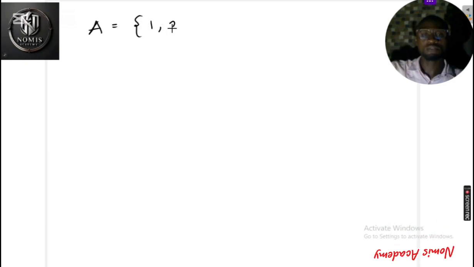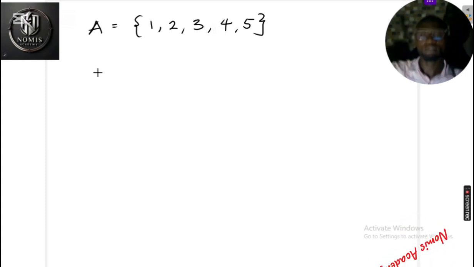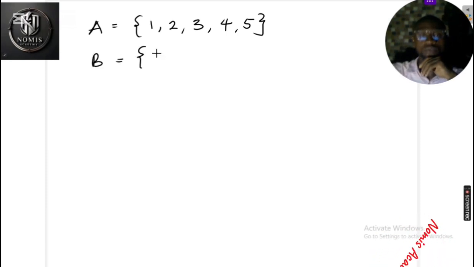So let's say set A is equal to 1, 2, 3, 4, and 5. And let's say set B is equal to 5, 4, 3, 2, and 1.